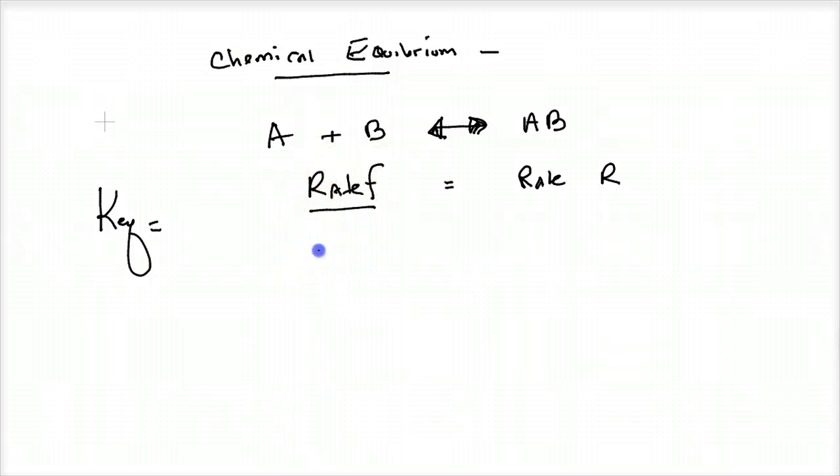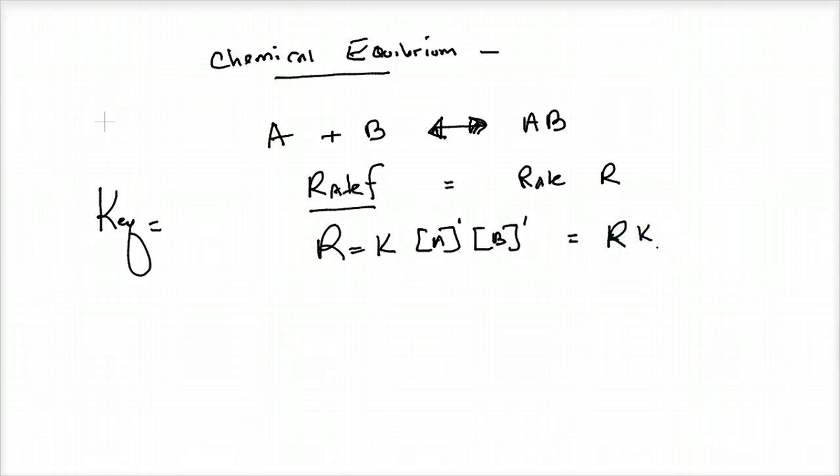So R is equal to K, and if this is one elementary reaction, of course it becomes first order, equals R, a K of the reverse. I'll just put a little R for reverse. This is the forward. And guess what? AB to the first power, because there's just one of them.